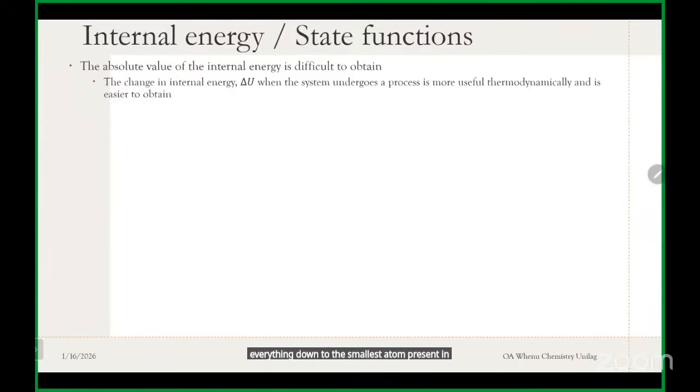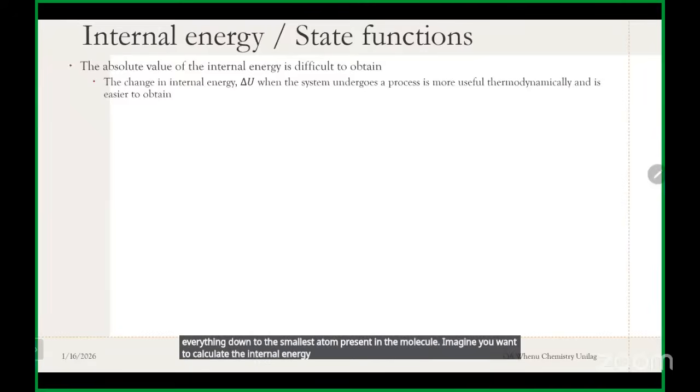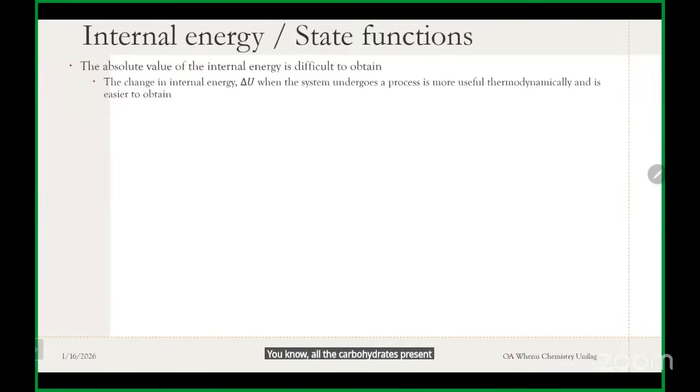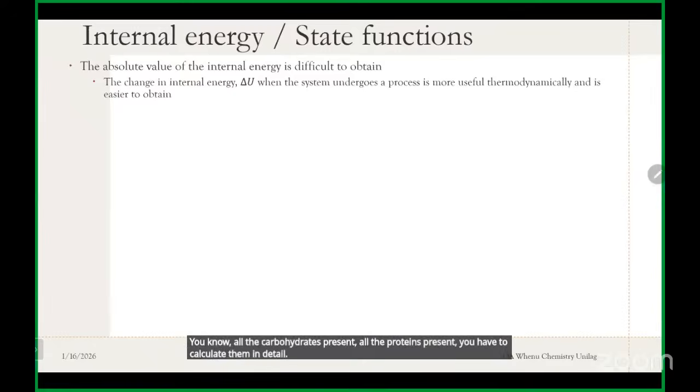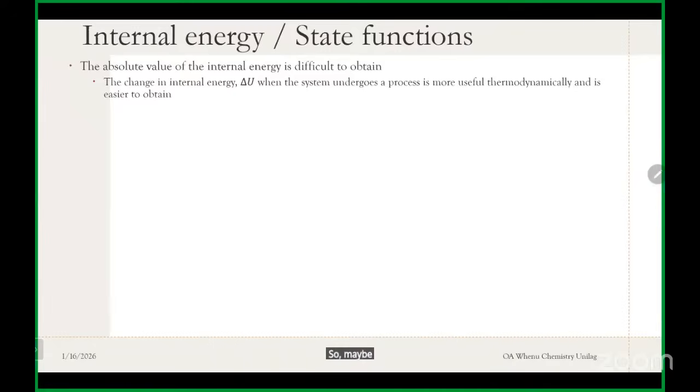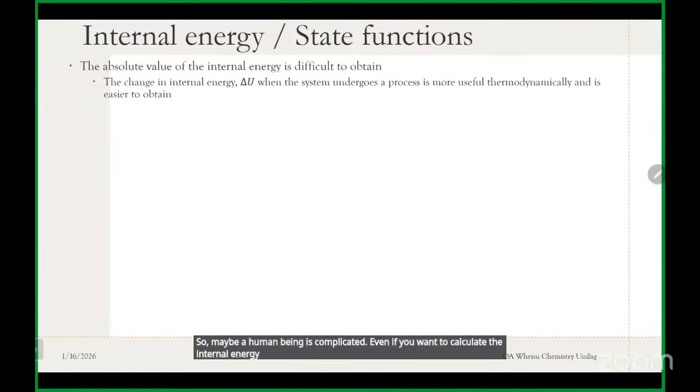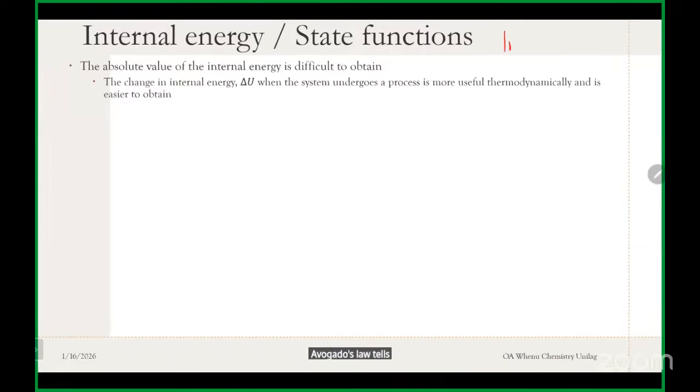Imagine you want to calculate the internal energy of a human being. You have to know all the carbohydrates present, all the proteins present, and calculate them in detail. So maybe a human being is complicated. Even if you want to calculate the internal energy in 1 mole of a substance, Avogadro's law tells us that 1 mole contains about 6 times 10 to the power 23 particles.